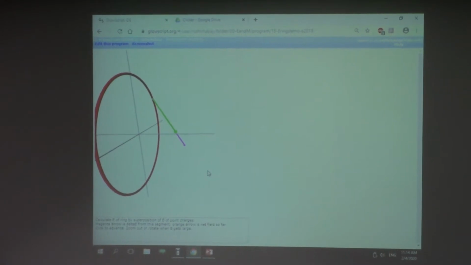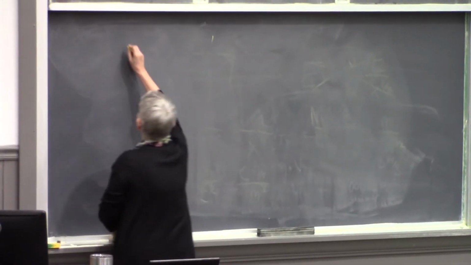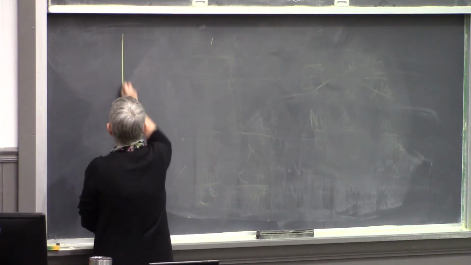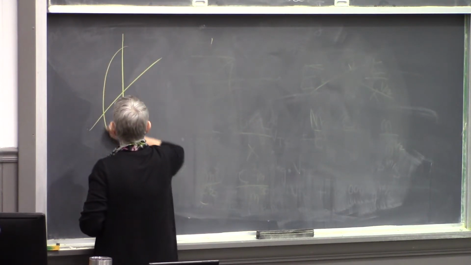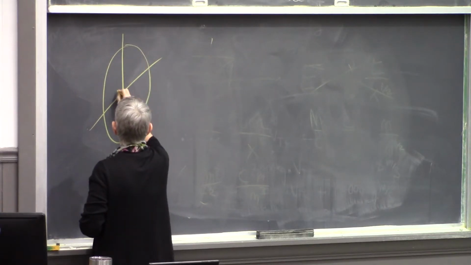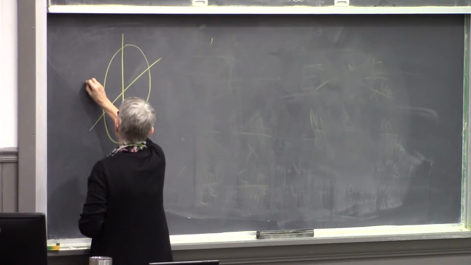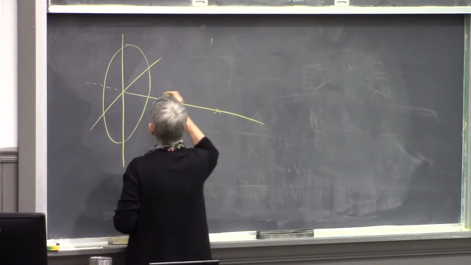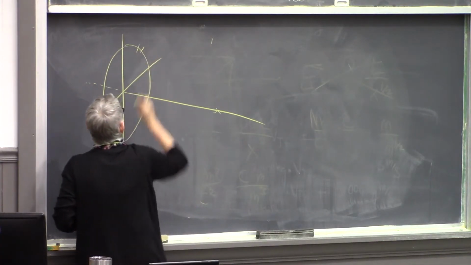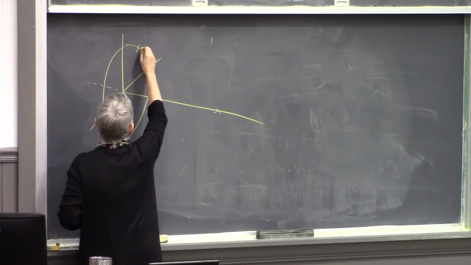So now what we need to do is work on the algebraic expression part, and I'll do the best job I can of drawing in 2.5D here. So here's our observation location. Here's our little piece of the ring.